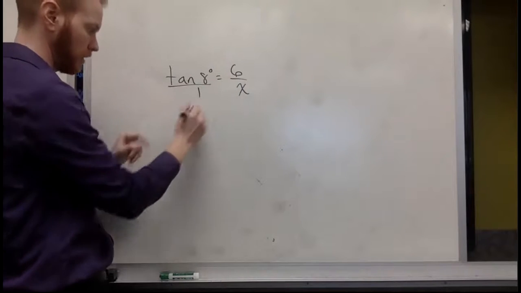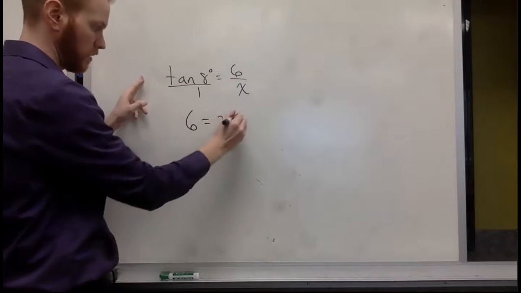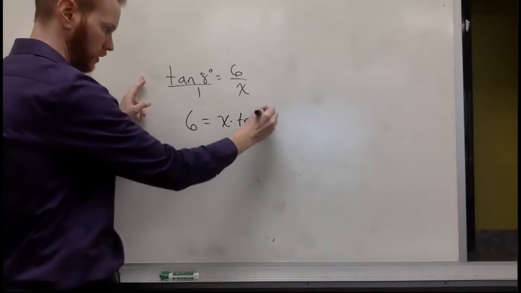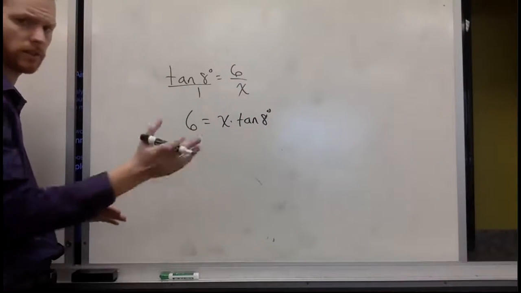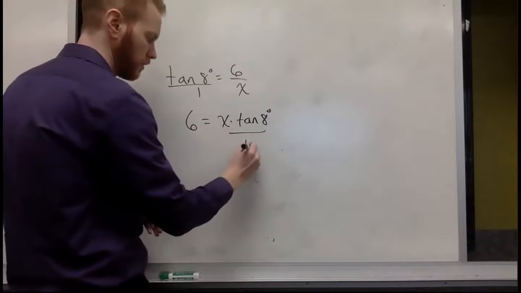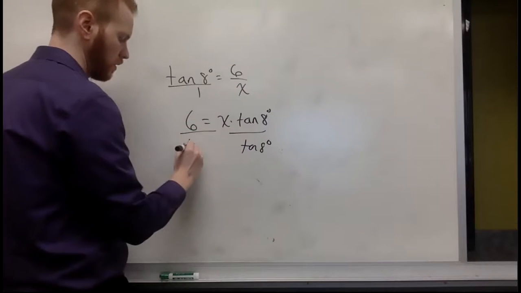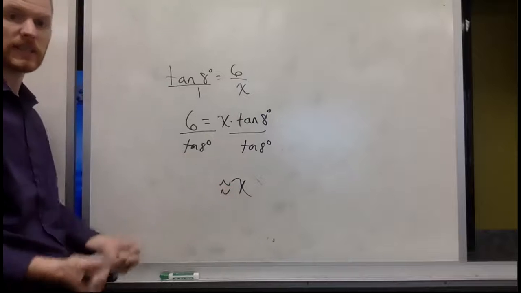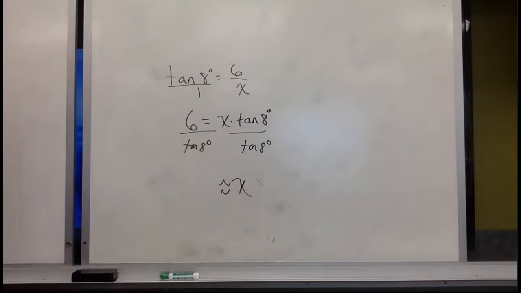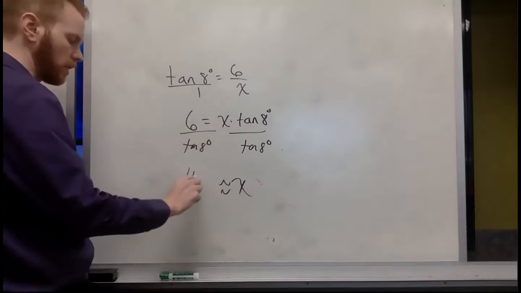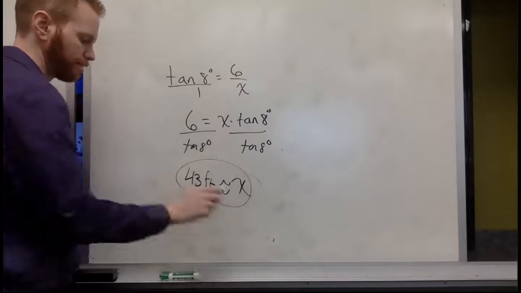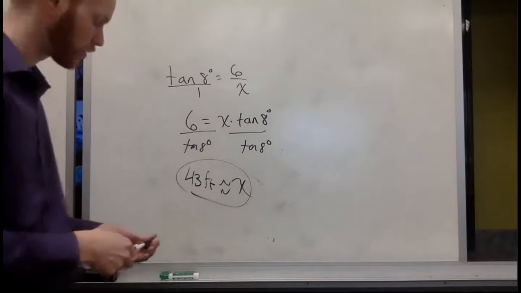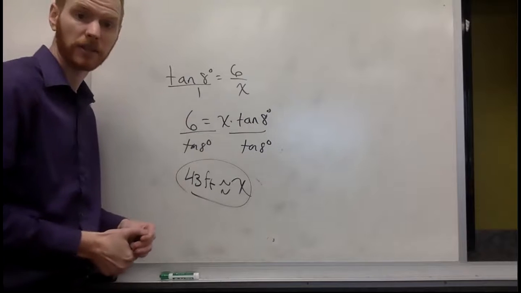So 1 times 6 is 6. The other side would be x times tangent of 8 degrees. Divide both sides by tangent of 8 degrees. This is where your calculator does the other part of the lifting. It does everything else for you. So 6 divided by tangent of 8 degrees will give you roughly 43 feet. That's how far the swimmer is from the lifeguard tower.